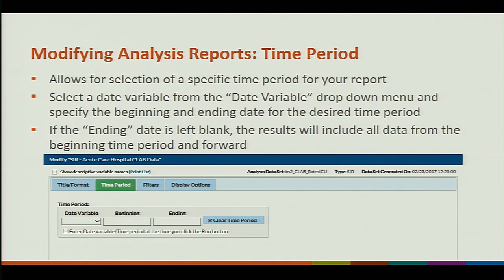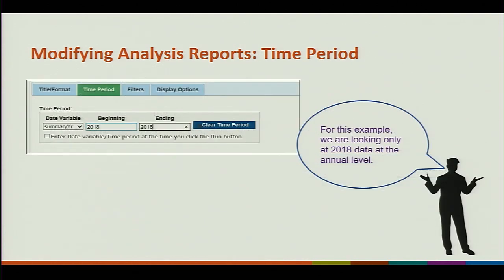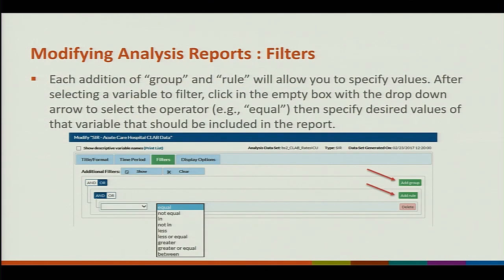So if you're here to look at a specific interval of time, I suggest selecting a specific date variable, whether it's a year, month, or quarter, or span of those things. This is the place to do that. For my example, I just want to look at the full year of 2018. So I'm looking at summary YR to indicate year, beginning in 2018 and ending in 2018. This will give me all the data that's been entered for that calendar year.